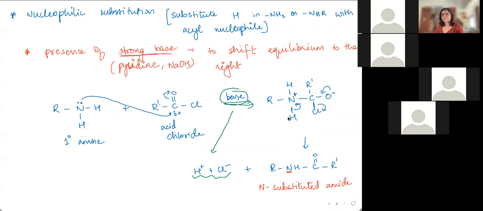So you can see nucleophilic substitution is happening on the amine, not on the other compound.